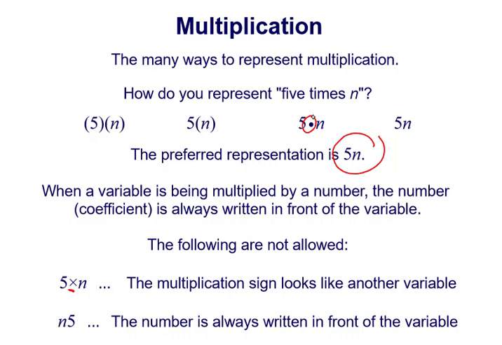We don't want to use the x because, again, that looks like a variable. And now that we're working with variables, we don't want to be confused. Another important thing to note is that the number is always written in front of the variable. You don't want to have n5. That's just not proper. You always want to have 5n when you're writing your multiplication.